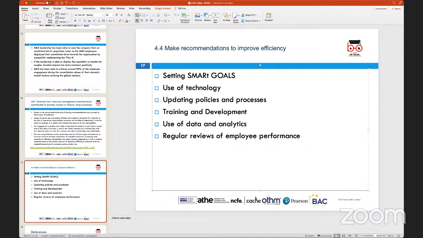So in some cases, the management has to be quite particular, and they have to use the setting of goals in a very intelligent way, in a way which is acceptable to the organization. It is seen as something that can be achieved, and that would also mean that in some cases, employees are more motivated to take up those goals for the purposes of achievement.